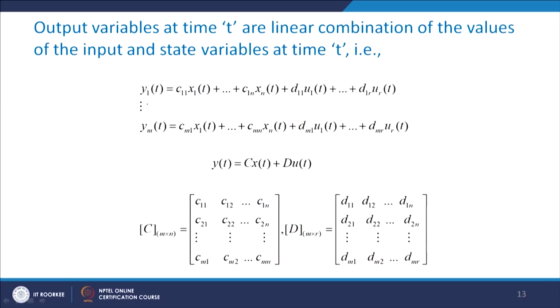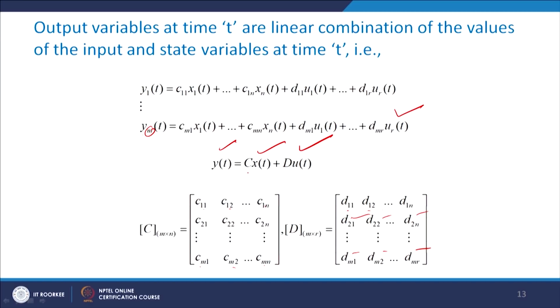Similarly we can write y2, y3, and finally ym of t equals cm1 x1 of t, up to cmn xn of t, plus dm1 u1 of t, up to dmr ur of t. That is y of t equals Cx of t plus Du of t, where the coefficients are c11, c12, up to cmn, and d11, d12, up to dmr. So y equals Cx plus Du.